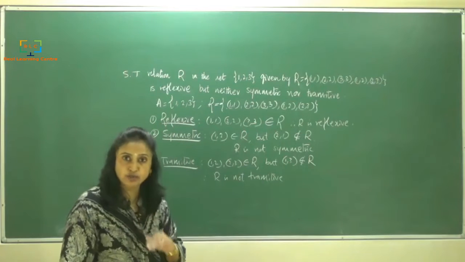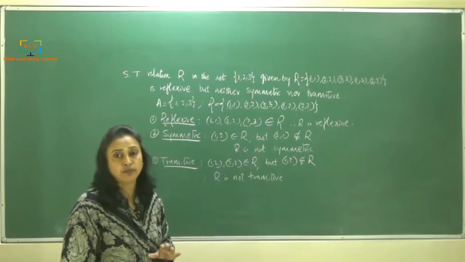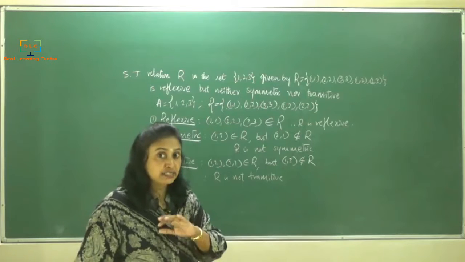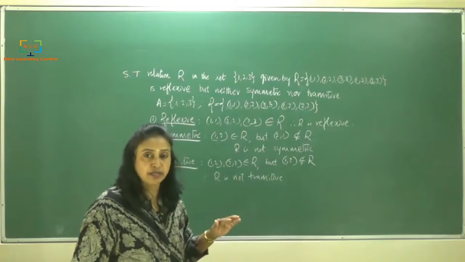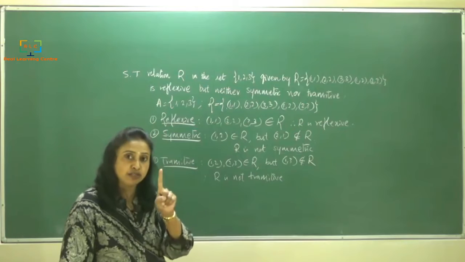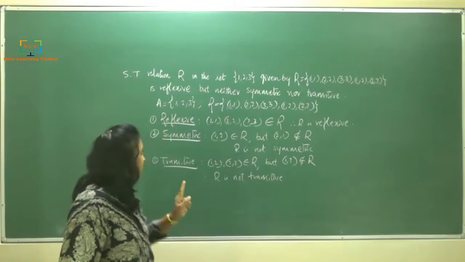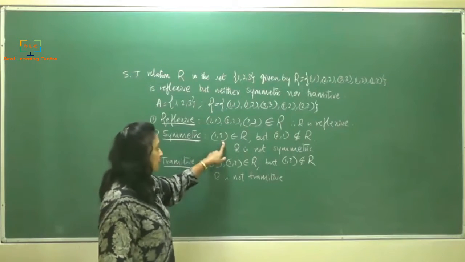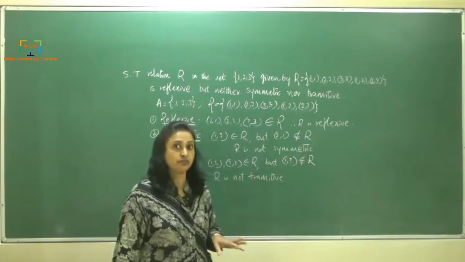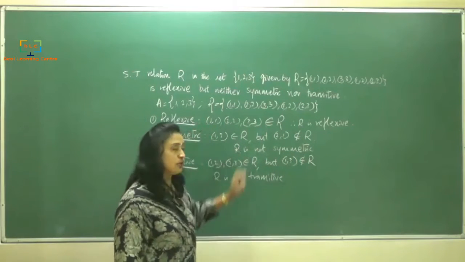You should not take your own example and prove. Marks will not be allotted to you. But if you have to tell, yes, it is not reflexive, it is not symmetric, if you want to tell it in a negative way, you can only give one counter example. That's enough. See here, (1,2) belongs to R, (2,1) does not belong to R. That one example itself is sufficient for us to tell that yes, R is not symmetric.